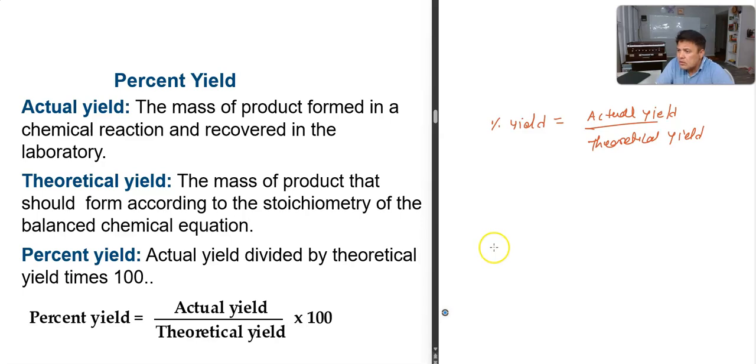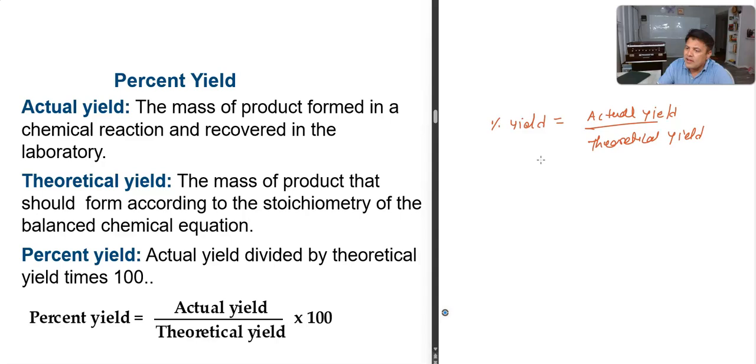How much product is produced by the limiting reactant, that is your theoretical yield. And actual yield means how much you measure in your laboratory, how much you actually get in the laboratory. So actual yield divided by theoretical yield, times 100, is the percentage yield. That shows how much your experiment deviated from the theoretical value.